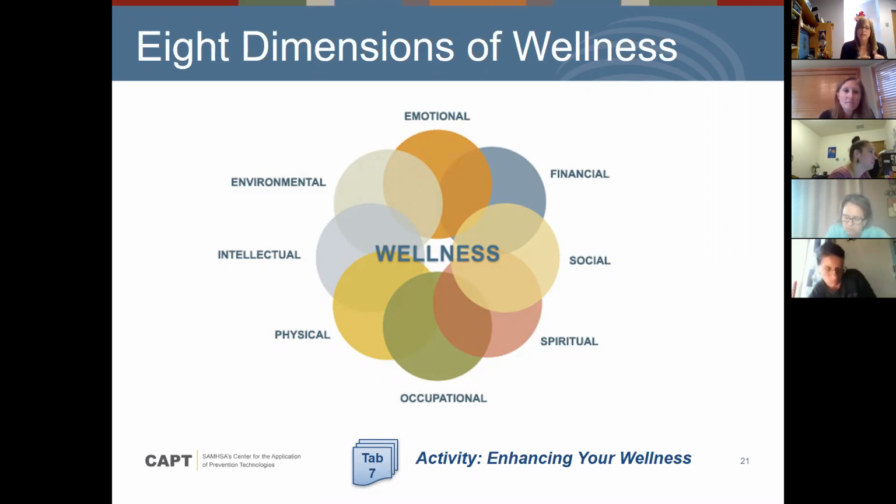Or it might be that someone has a diagnosis of cancer, and then your wellness wheel becomes out of whack again because you're really focusing on a specific area at that point in time. So any questions about that?